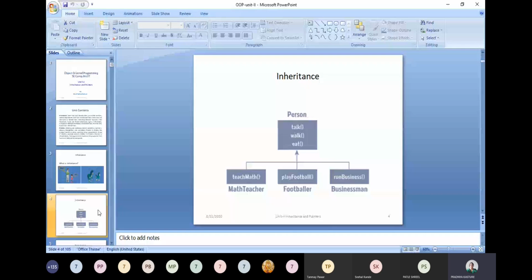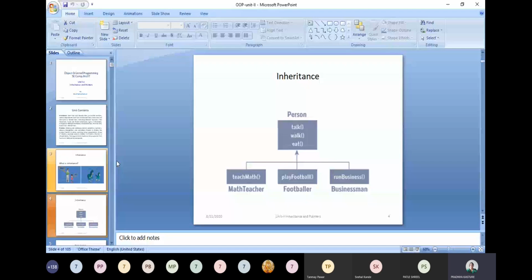Suppose we write the derived classes math teacher, footballer, and businessman. All these three classes are derived classes or subclasses of the base class, and the base class name is person.